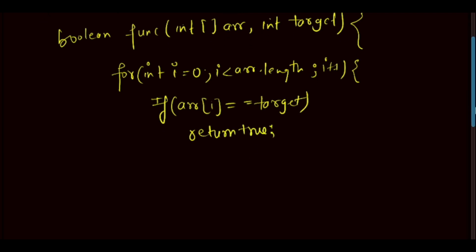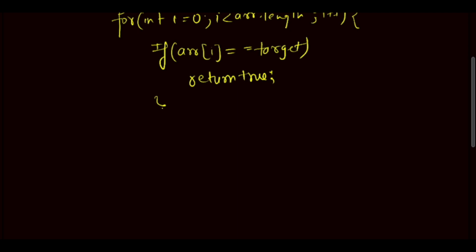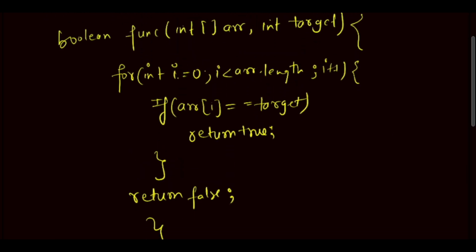Congratulations, you have found the element. And if the loop finishes without us finding the target, we return false. This algorithm is called linear search, which is a simple algorithm for finding a target element in a given array.